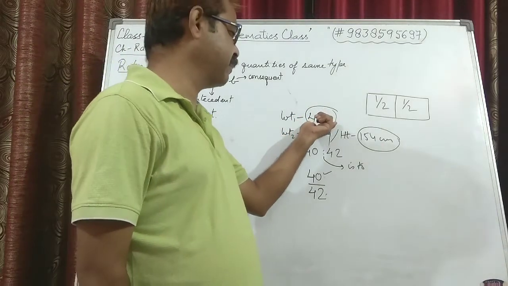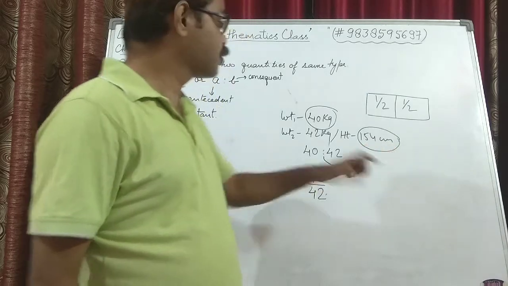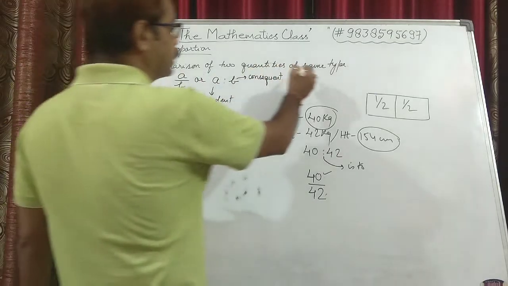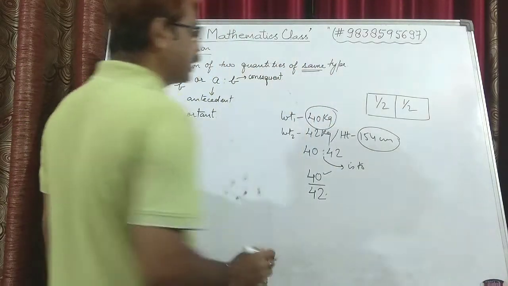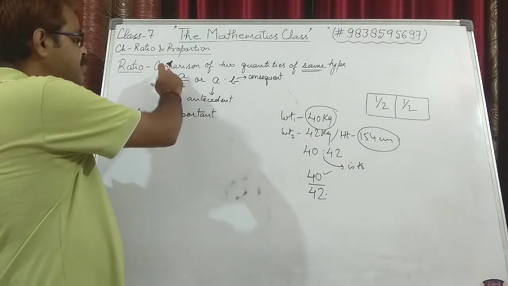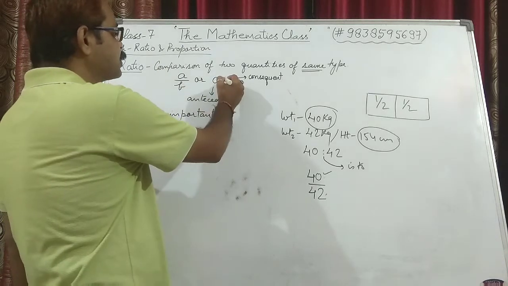One represents weight whereas the other represents length. We can only compare two quantities when they are of the same type, and their comparison is known as ratio, which is written sometimes as A upon B or sometimes as A is to B.